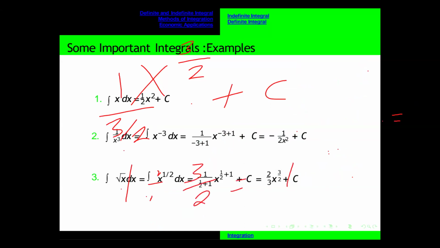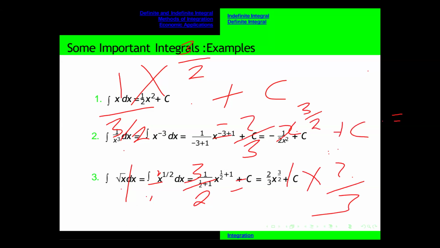This can be equal to 1 times 2 over 3, which will just be as good as 2 over 3, right? So that this can be 2 over 3x to the power 3 over 2 plus c. Right. You're following, eh? Yes, sir. If you want, you can leave it there.